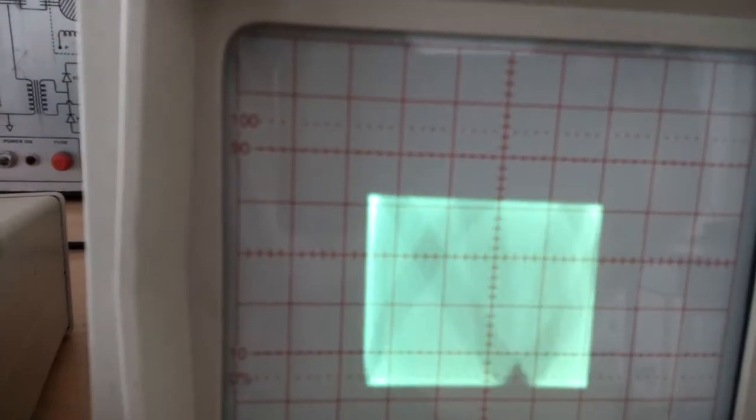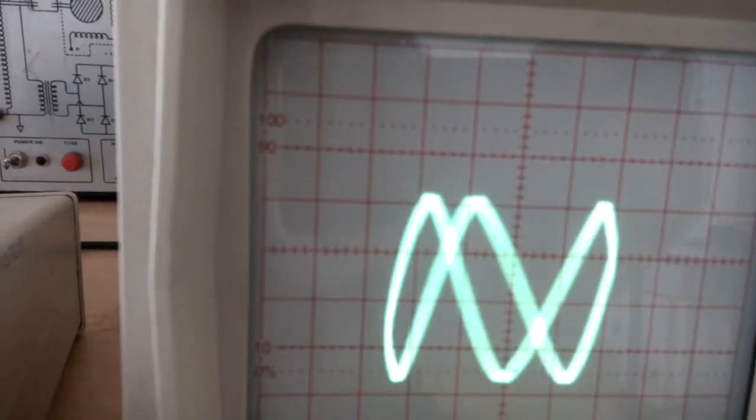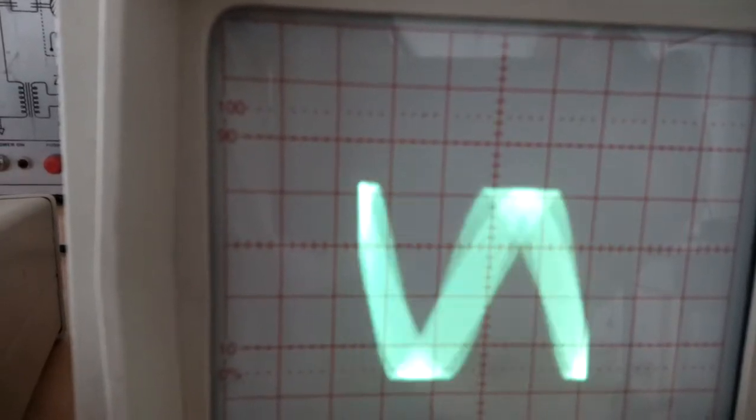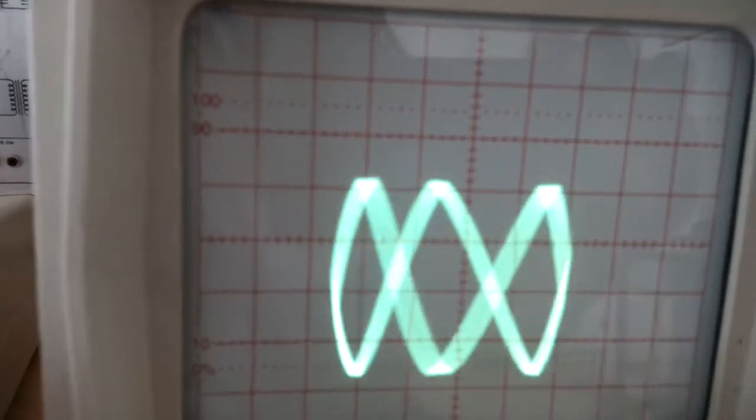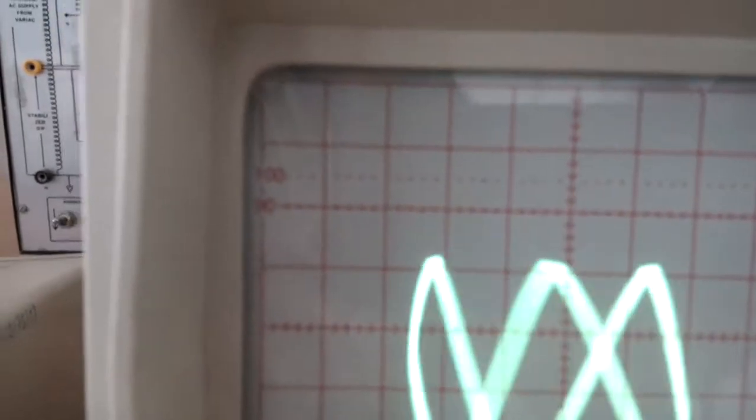You can observe here the change in the Lissajous pattern. You have to change the frequency until we get a stable pattern. So here we can see we are getting 3 horizontal loops.